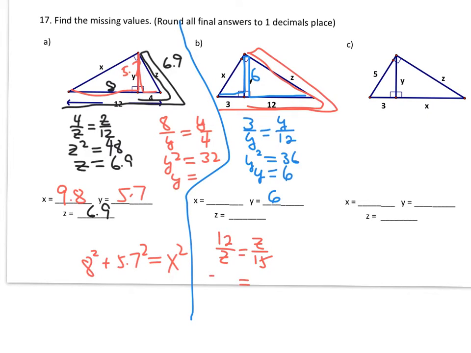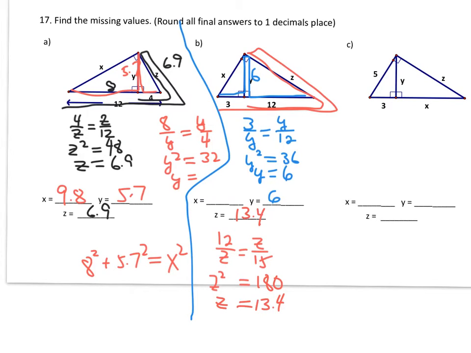If I solve that, I would get z squared equals 12 times 15, which is 180. So then the square root of both sides, z equals 13.4.